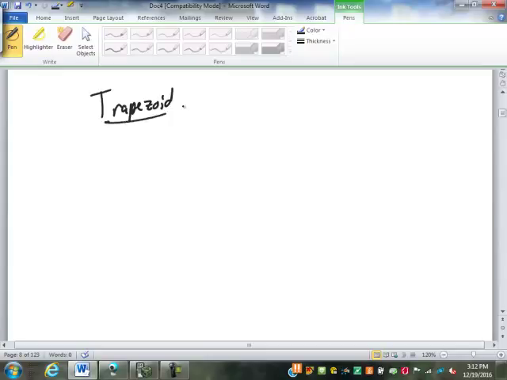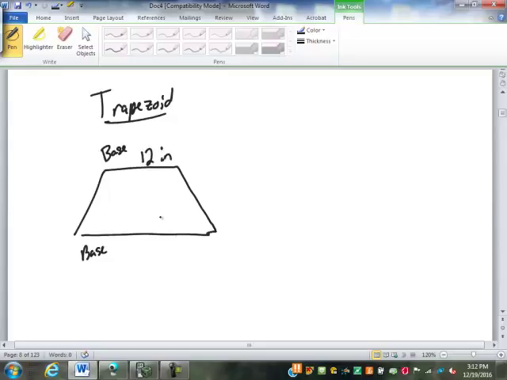A trapezoid has two sides that are parallel and the other two sides that are not parallel. So it might look like this. So the two sides that are parallel are called bases. So this is a base and this is a base. And let's say that this top here is 12 inches. The bottom down here we're going to call 20 inches. And this distance between them, we'll say is 10 inches.